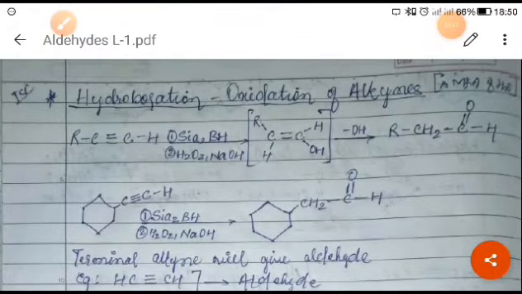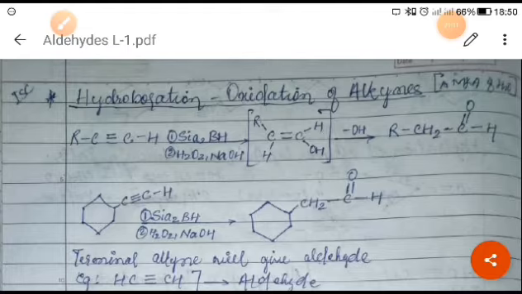This is also called anti-Markovnikov rule, which we are applying here, right? Let me explain what this reaction is. In this reaction, alkynes can be converted into aldehyde and ketone by the hydroboration oxidation reaction.